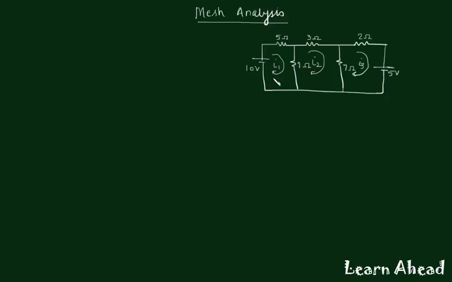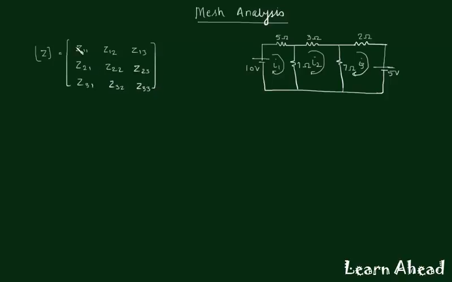After identifying meshes and assigning mesh currents, the next important step is writing the Z matrix, and this is like Z11, Z12, Z13, Z21, Z22, Z23, Z31, Z32, Z33.